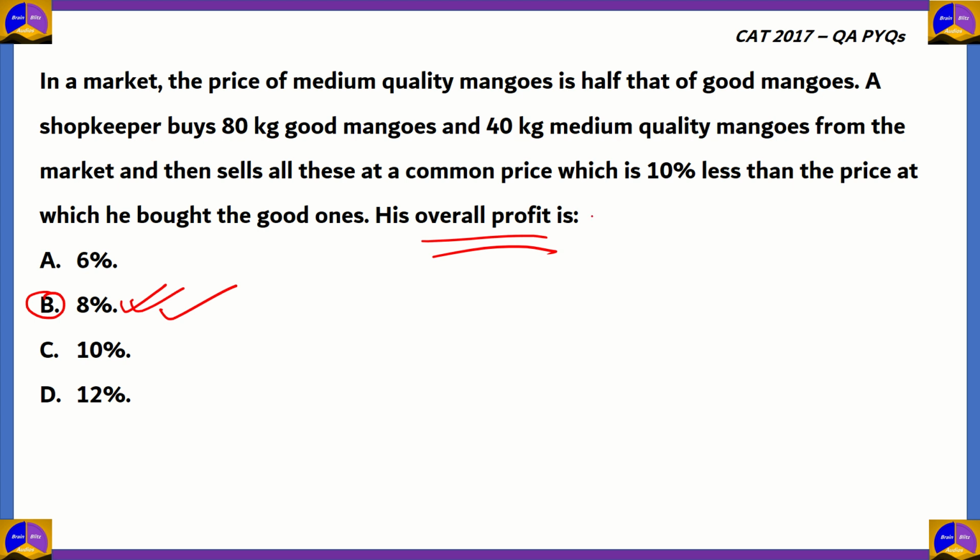So the idea is, since medium quality mangoes cost half of good quality mangoes, if the shopkeeper buys the specified quantity of good and medium quality mangoes, and sells these at a common price 10% less than the price at which he bought the good ones, then the overall profit for him would be 8%. The other options, when you calculate them, turn out to be wrong, so option B, 8%, is the right option.